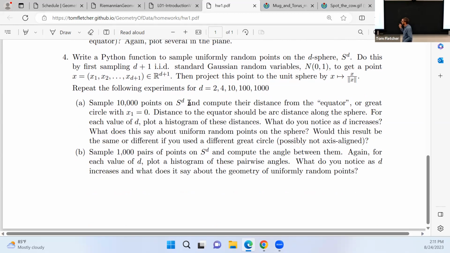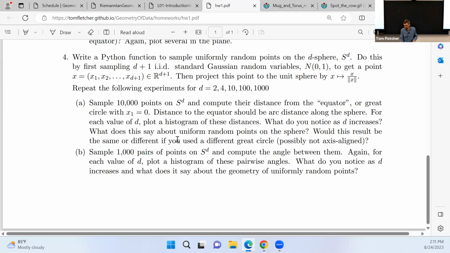So now you're going to be looking at high dimensional spheres. This S^D is a D-dimensional hypersphere, and you're going to be generating random uniform points on these hyperspheres and seeing how they behave bizarrely, sort of like we saw with the unit cube example in Tuesday's lecture. Okay, so that's homework number 1.